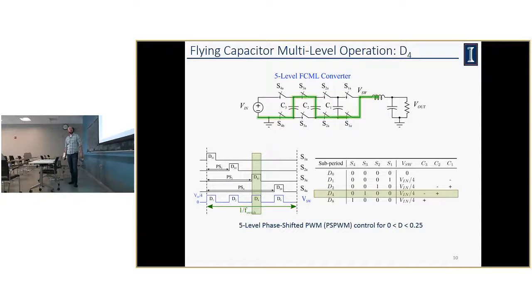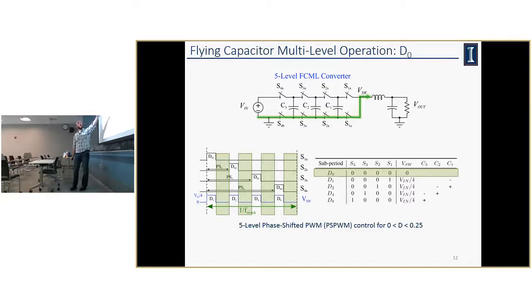In D4, very similarly, you're discharging C3 and charging C2. Finally in D8, you're just charging up through C3. The final state is D0, where all of those bottom switches are on, and you're just grounding your output to reset. That provides your other level, and you're switching between that each time. But in this case, no current is flowing through the capacitors.